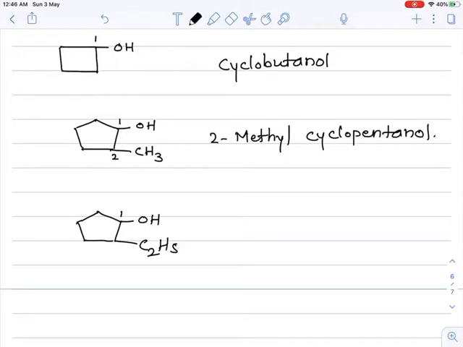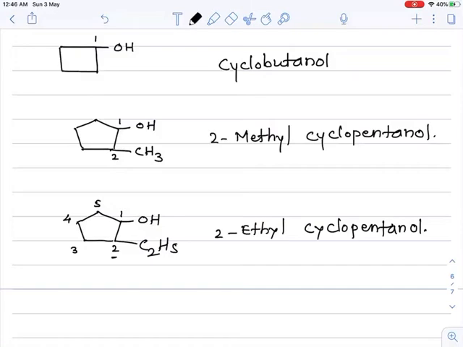At carbon number 1 and 2, here 3, 4, 5, at carbon number 1 the OH group and at carbon number 2 the ethyl group is there. So how do we write its IUPAC name? 2-ethylcyclopentanol, pentane E replaced by OL.